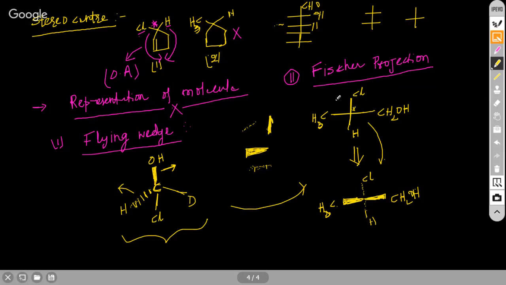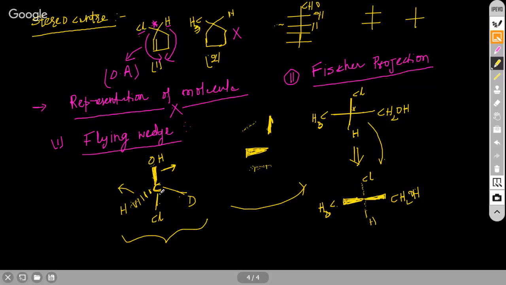There are only two possibilities: one going away from us and the other coming towards us. So in the flying wedge we represent only these two, and the other two we say are in a different plane, not in the plane of these two.